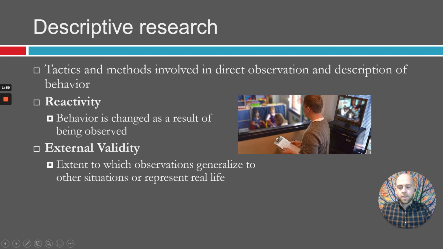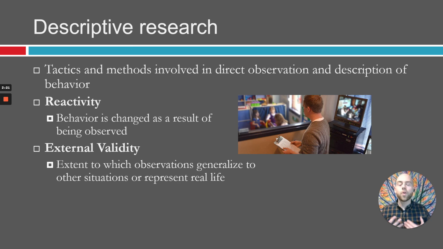Another really important aspect of not only descriptive but any kind of research is something called external validity. When we get to experiments, we'll talk about internal validity as well, but external validity is basically the extent to which your observations or findings generalize to other types of situations or actually represent something approximating real life.